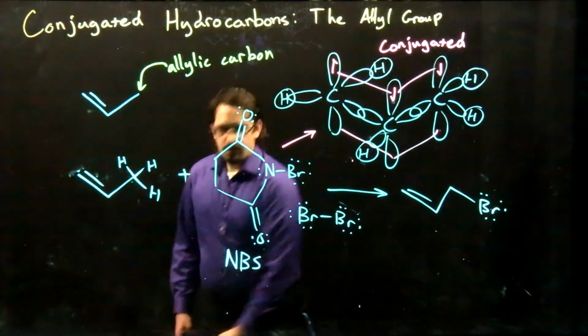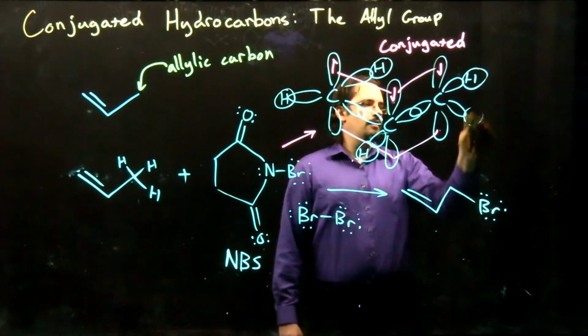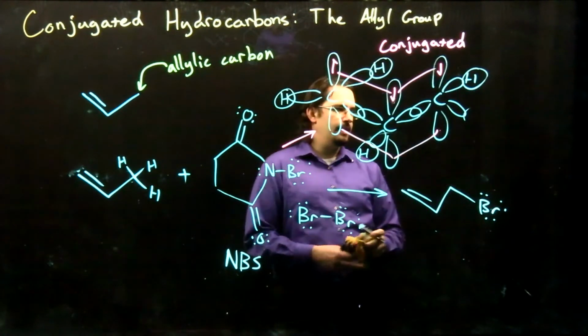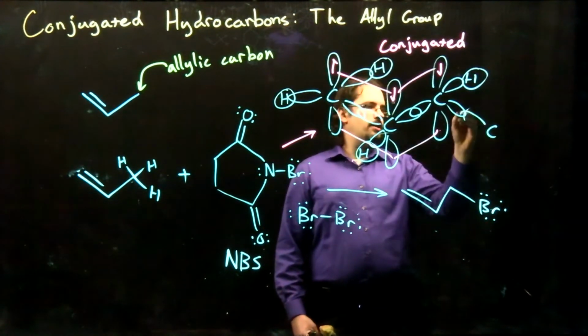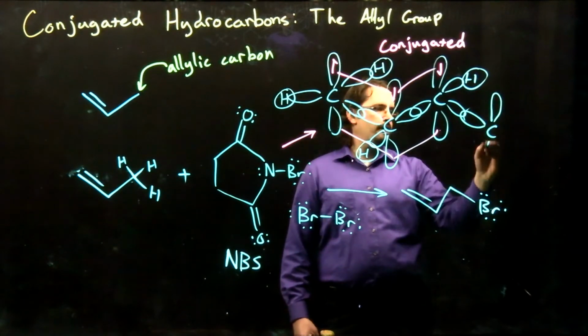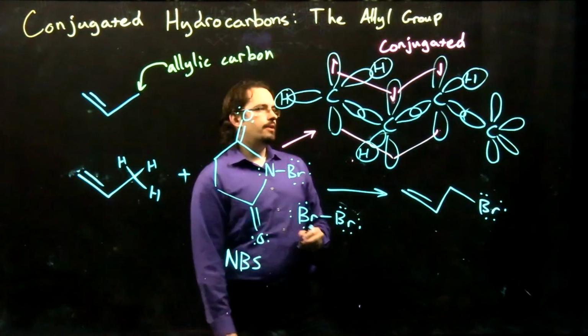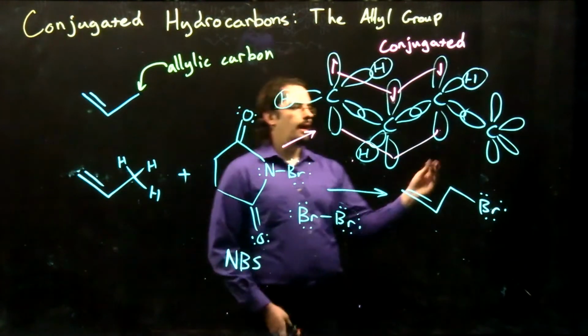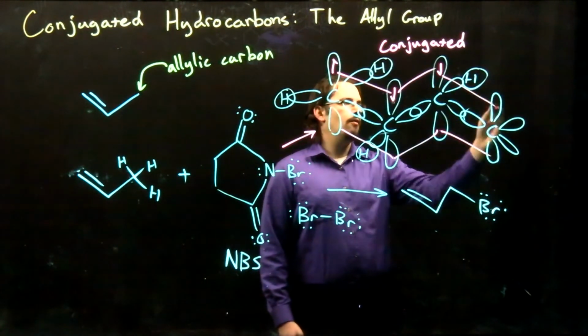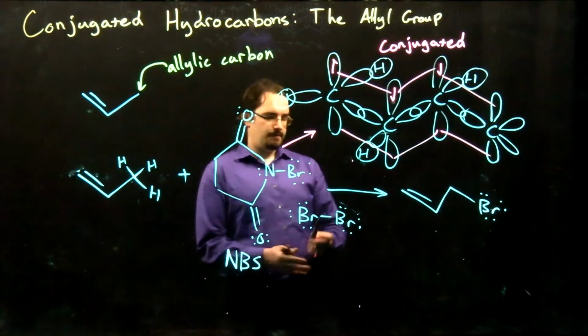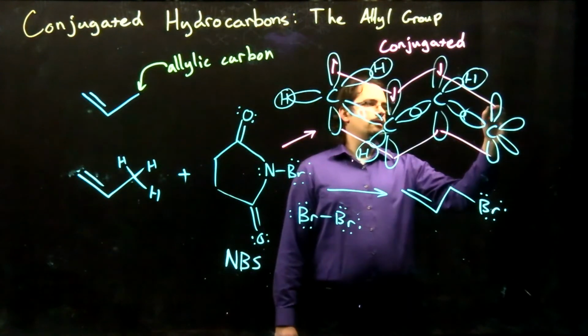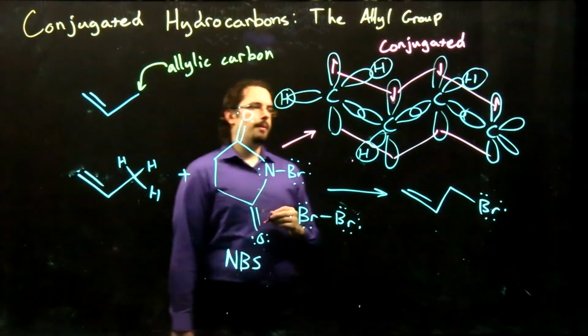If we add another carbon, so if I take off my hydrogen here and attach one last carbon over here, so now I have another p orbital, and this p orbital can still overlap, right? So at this point now I can have two different double bonds, right?